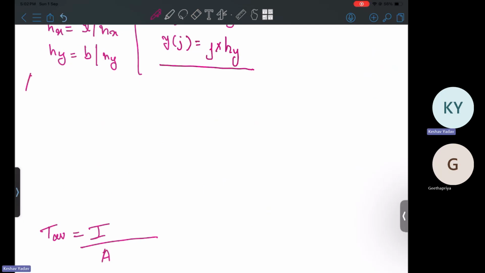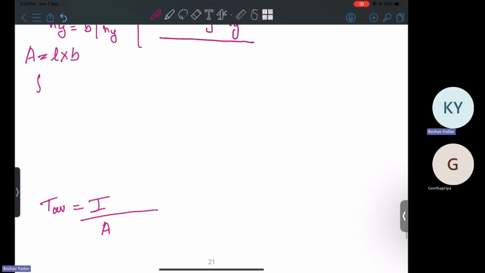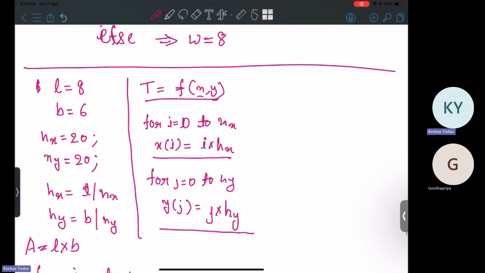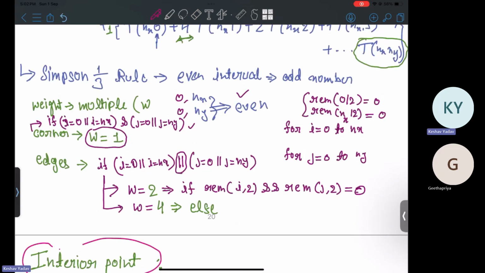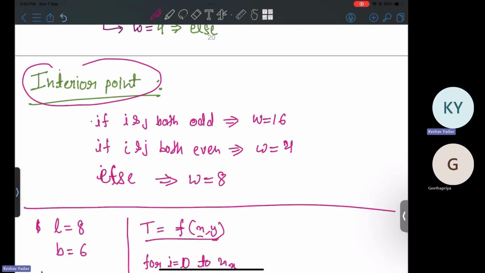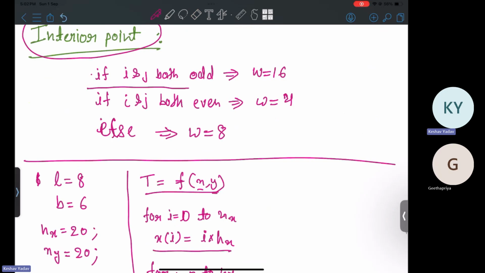Suppose I define A as L multiplied by B. For Simpson 1/3, I will start from I equal to 0 to nx, for j equal to 0 to ny. Now I will write down the weight based on whether it is a corner, then the edges, then the interior.